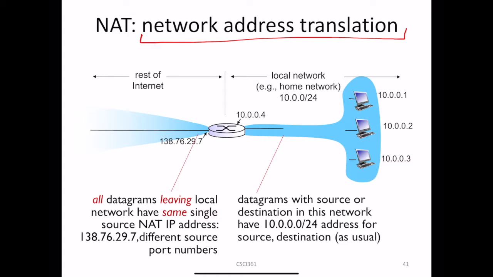In this case, it is this one, with different source port numbers. And then the datagrams with the source or destination in this network will have this kind of IP address for source and destination.